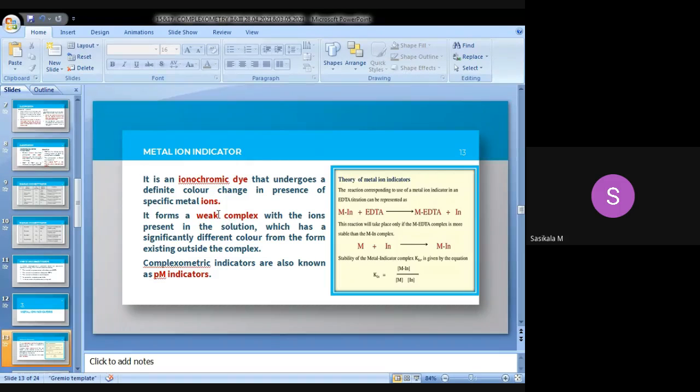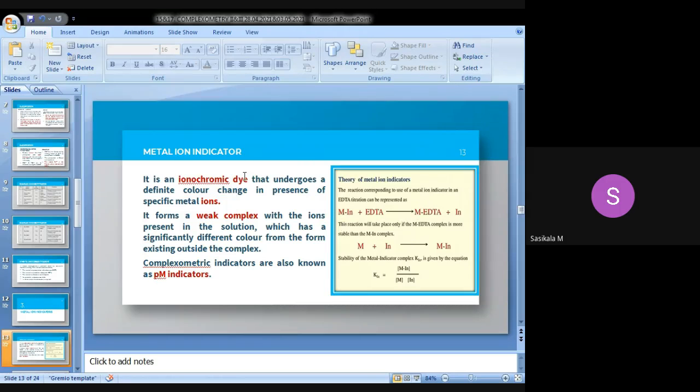This you have to note down, since if it forms a strong complex with the metal ion, the metal ion will not be analyzed with the titrant. Titrant will be what? EDTA, ethylenediaminetetraacetic acid. Actually, the metal ion should be reacting with EDTA, so this forms a strong and stable complex.